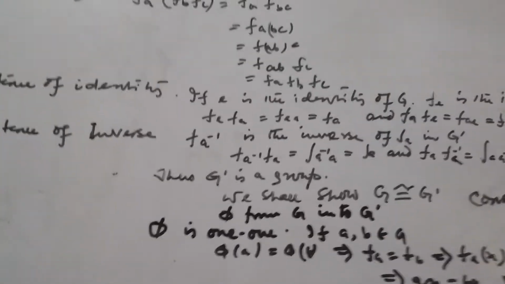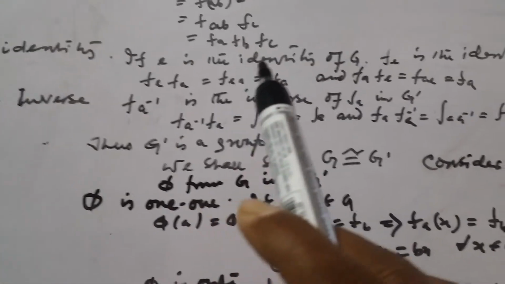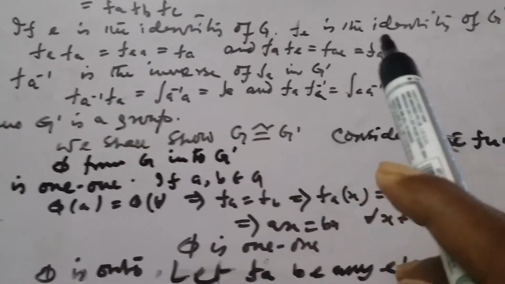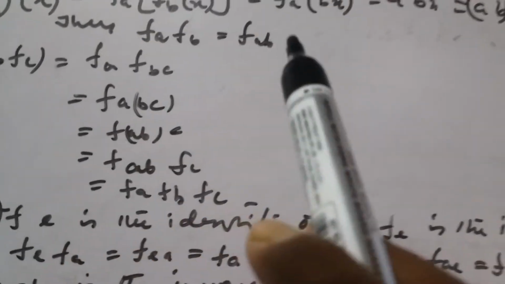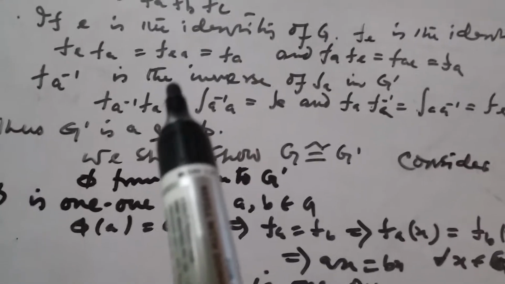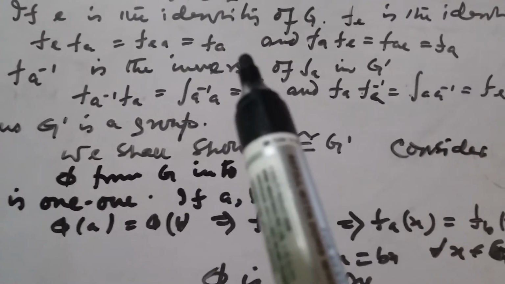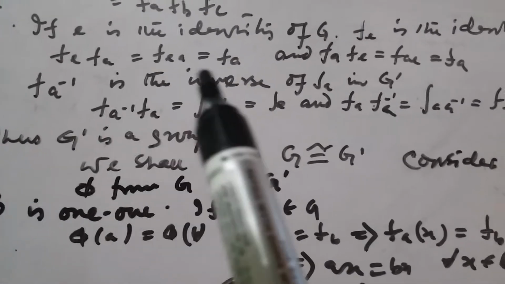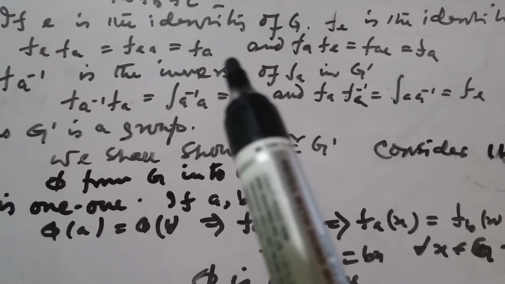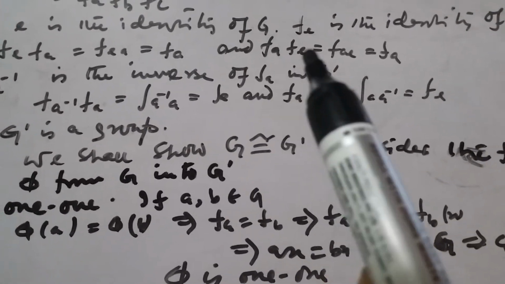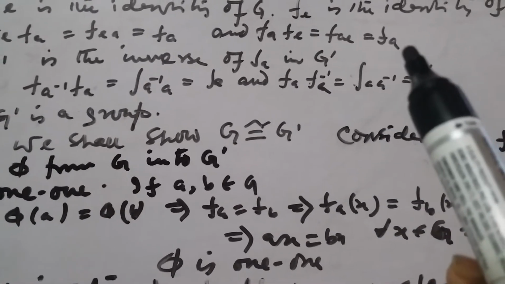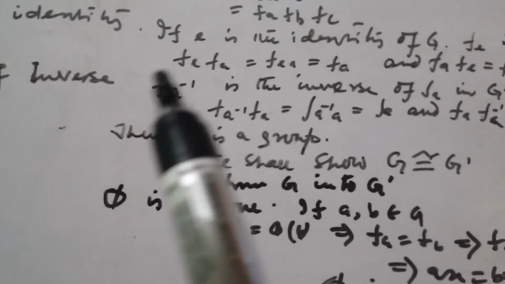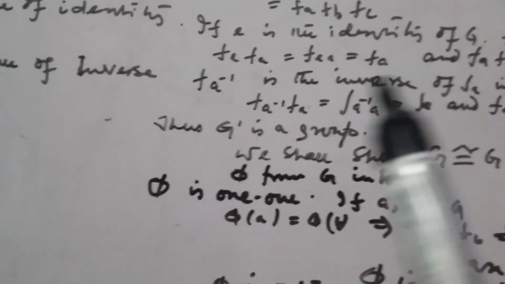Now the existence of identity. If e is the identity of G, then f_e is the identity of G dash. By closure property, f_e f_a = f_ea, and ea equals a, so f_a. Thus f_e f_a = f_a, so it holds identity.